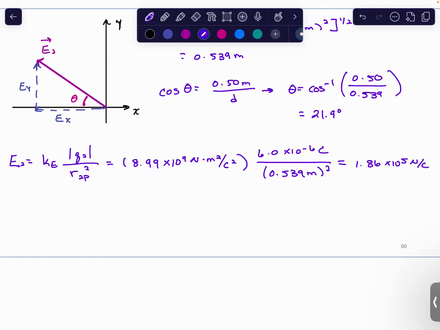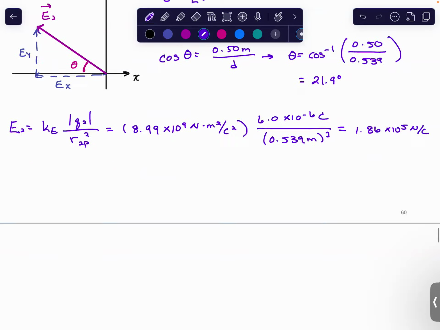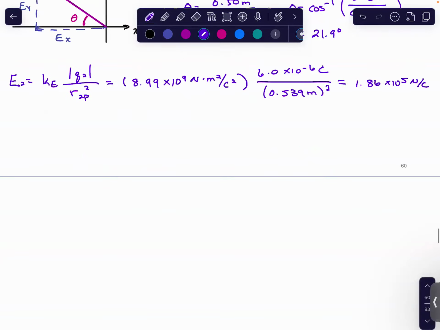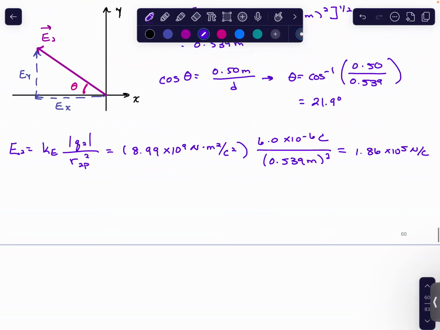Now, all these numbers we found, we can use to find the components of E2. Looking at this, E2X is going to use what trig function? Cosine, and then E2Y will be sine.